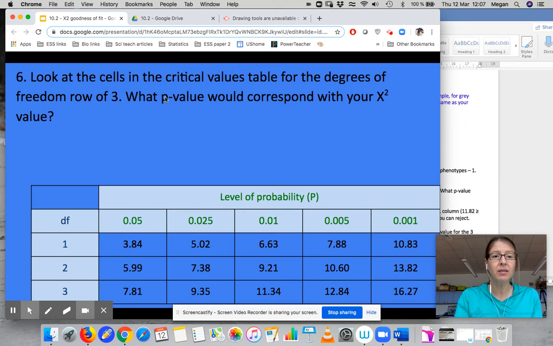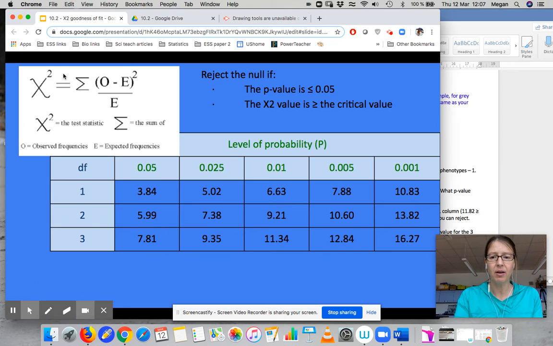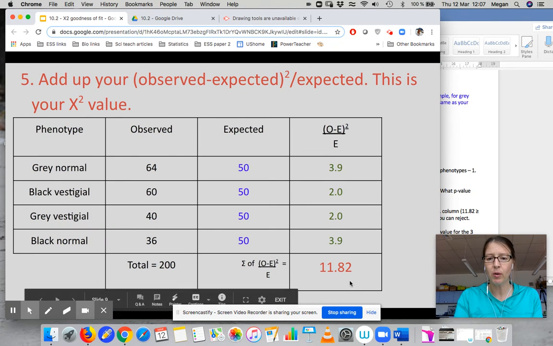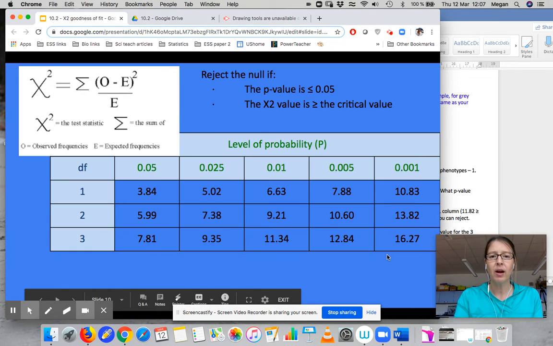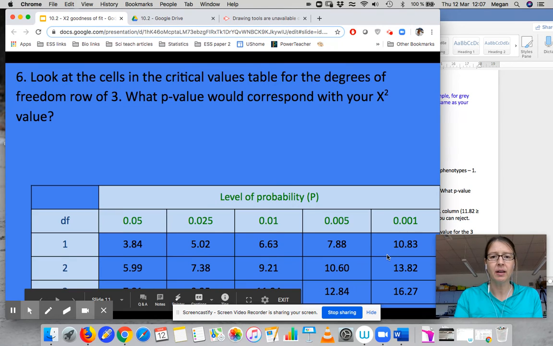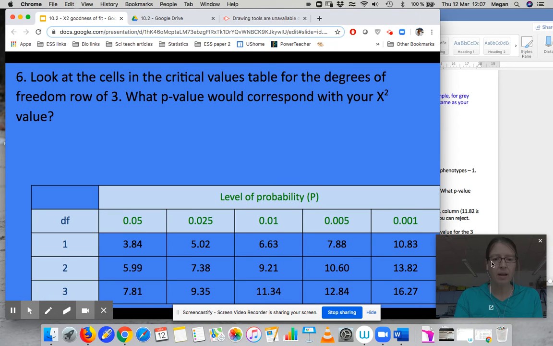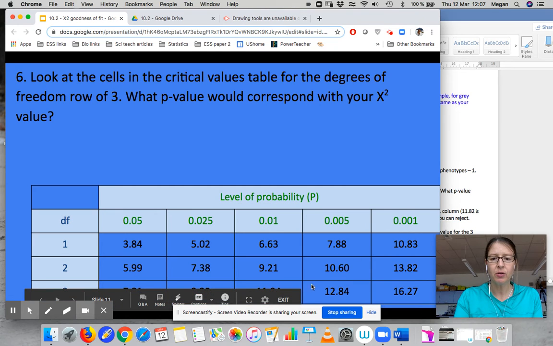So with that, we're going to look for the p-value and compare that to our critical value. Our chi-square value was 11.82. So now we're going to look over here and see, where does that fall in? 11.82 should fall between 0.01 and 0.05.